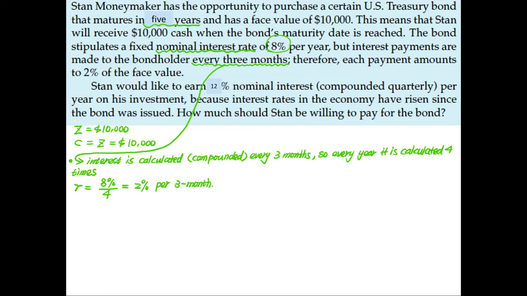It's given already, but I want you to still know how to convert that. So each payment amount will be 2% of the face value. So that annuity is going to be R times Z, which is 2% times 10,000.